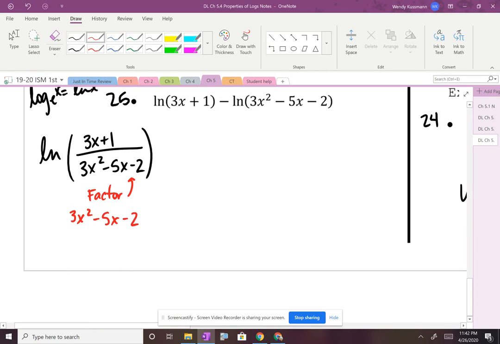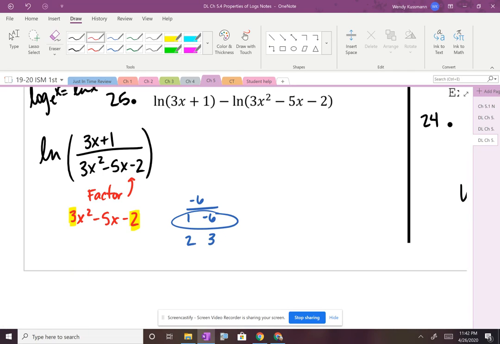Now remember, to factor that, you multiply the first and the last. That gives me -6. Find the factors of -6 that will subtract to give me -5. So 1 and 6, that will give me -5. It needs to be a -6 and a +1. Those are my winners. 2 and 3, they have to be opposite signs, so that won't work.